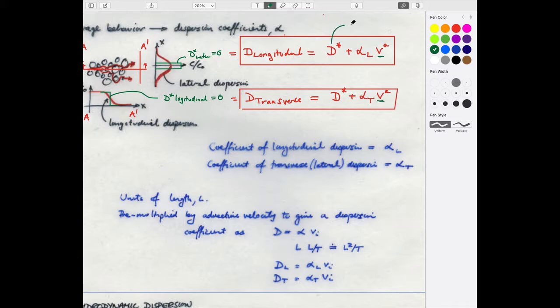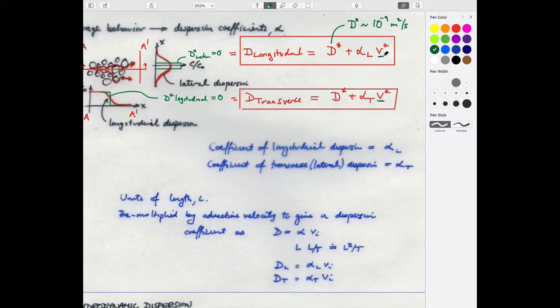So typical values of d star might be order of 10 to the minus 9 meters squared per second. Maybe 10 to the 8, maybe 10 to the 10, doesn't matter. But they're very similar to the magnitudes of free diffusion of a compound in water. And they're quite small. And so if the value of this is 0, then this doesn't matter.